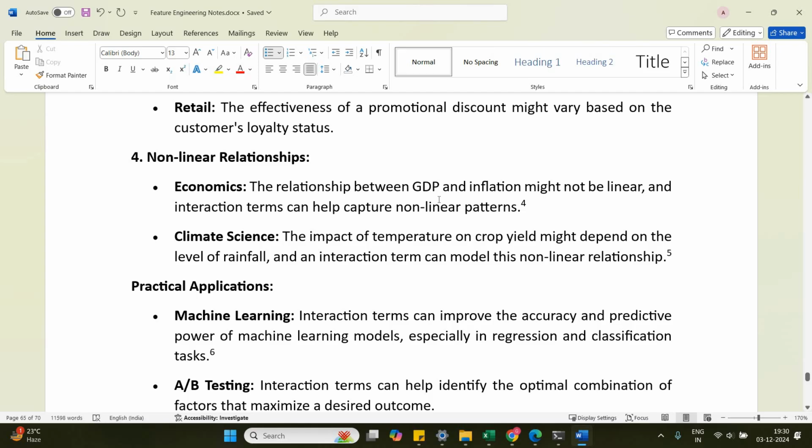Let me explain one thing. GDP is the total value of the products that has been created within the boundaries of a country, right? It doesn't matter whether you are a foreigner or whoever.